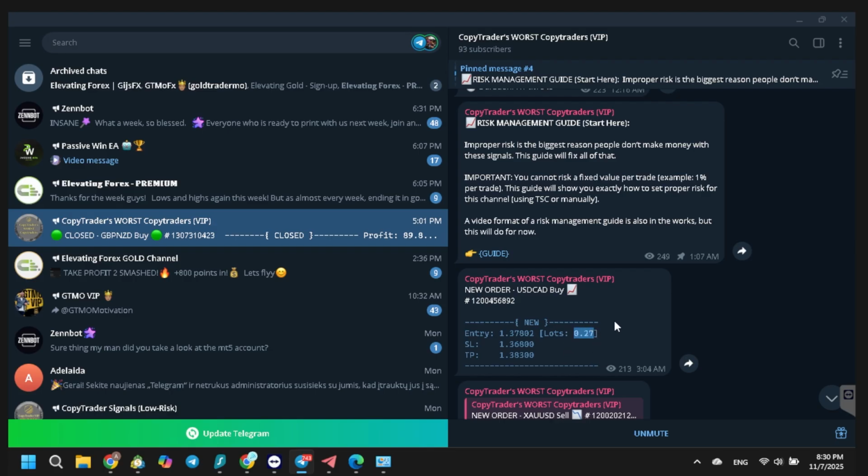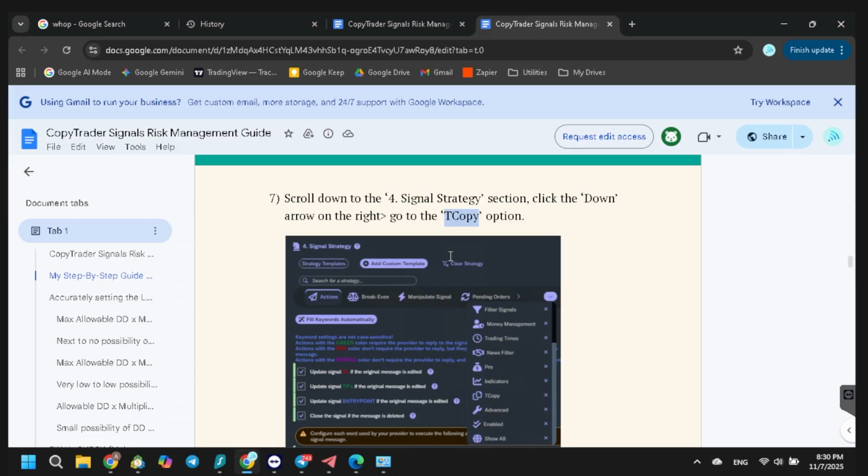If I understand it correctly, each pair has lot sizes worth around $100. But what if you don't have $100 to trade, or you want to use a low sum of money to maybe try and test this channel out? This is where this guide comes in, and this is where this T-Copy tab comes in.